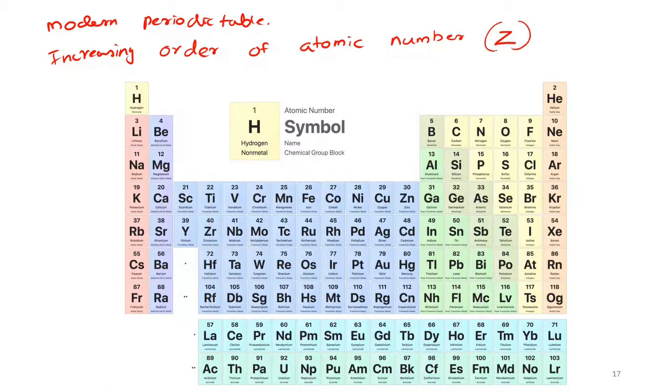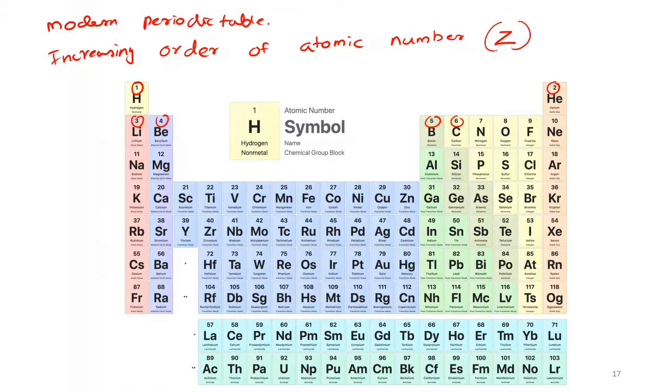So this is what the modern periodic table is going to look like. And you can see the atomic numbers. They are all arranged in the increasing order.